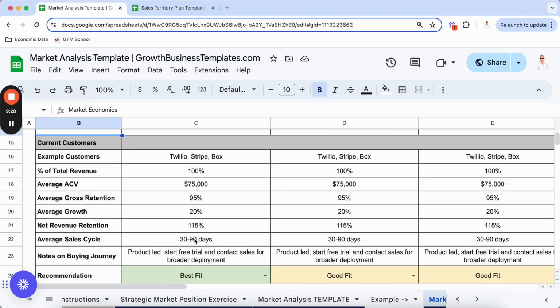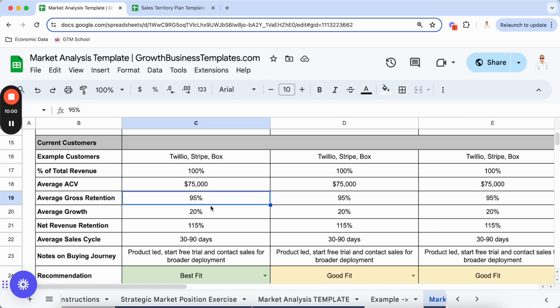Then you look at your actual current customers, and you may list some marquee customers here, the percent of your total revenue, the average ACV for that customer segment, the gross retention. So at the end of 12 months, if you started with, let's just say, $1 million of revenue from this particular industry, this customer base within your current customer base, $1 million at the end, you have 950,000, you've lost 5%.